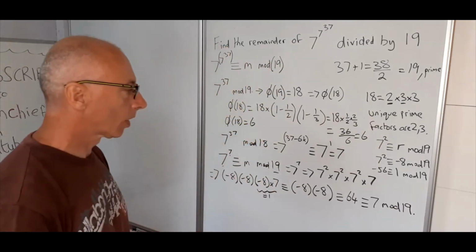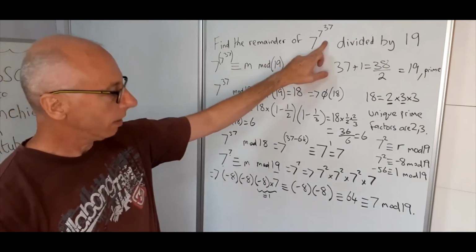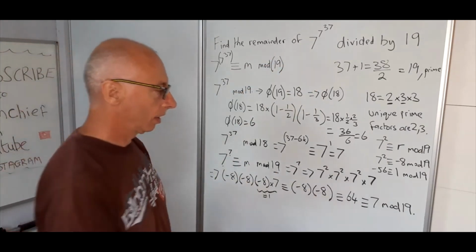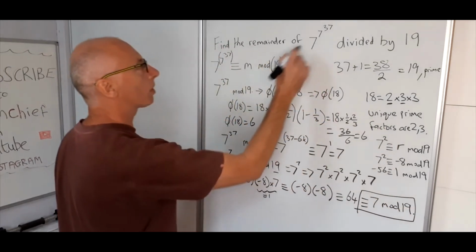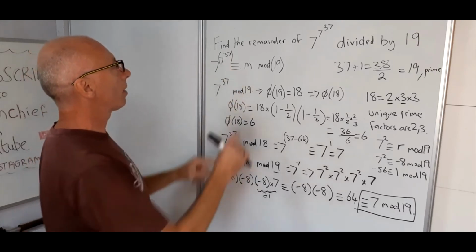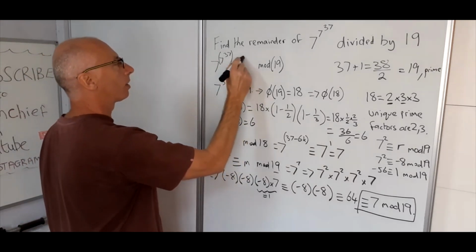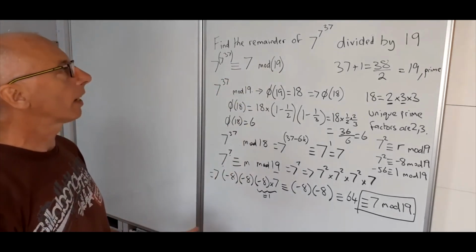So therefore our remainder of this is going to be 7. So what we can say is 7 to the power of 7 to the 37 is congruent with 7 modulo 19, and that is our answer.